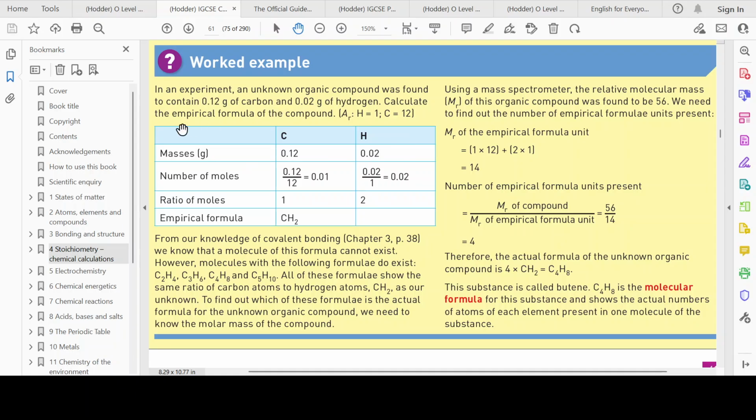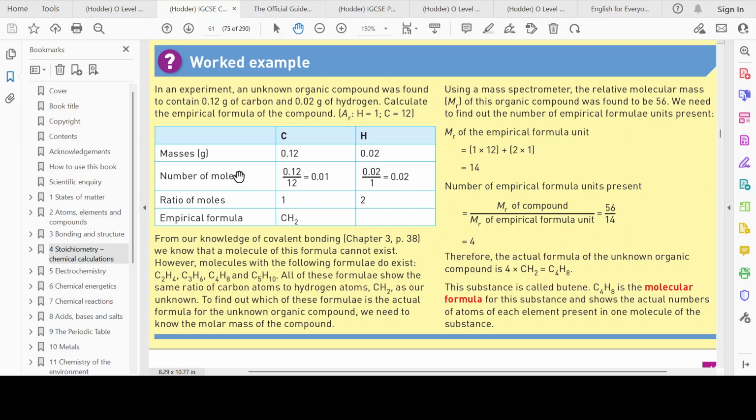Calculate what is called the empirical formula of the compound. The empirical formula is the minimum ratio of the atoms of the elements in the compound.